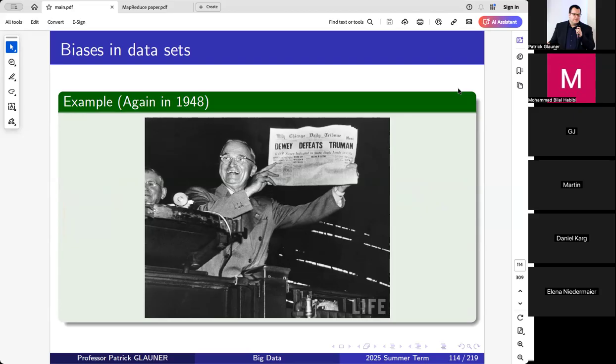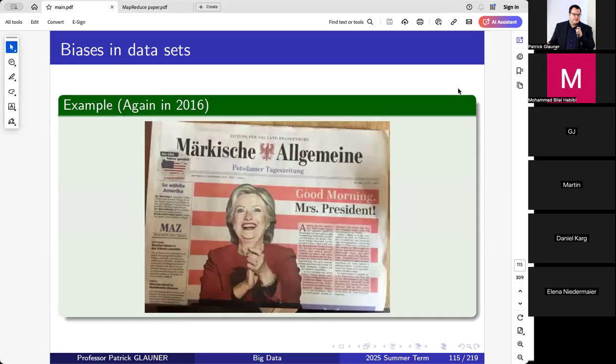And they were so sure they had already printed the newspaper. And then Truman was re-elected, also because that newspaper picked a heavily biased sample. And this happened again in 2016. Newspapers also went ahead printing who they thought had won. So it's still an issue today to some extent.